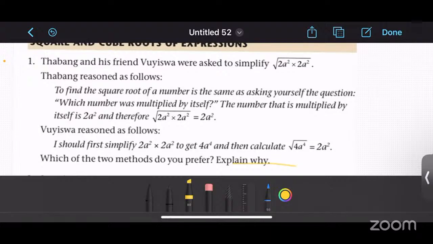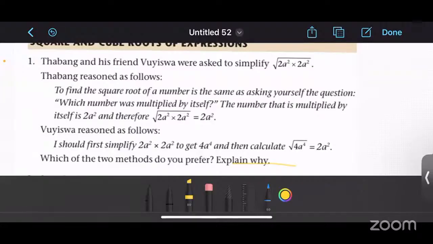When we have the same bases and we multiply, then we add the exponents. When we multiply the same bases, we add the exponents. Okay. Yes, ma'am. All right, no problem.